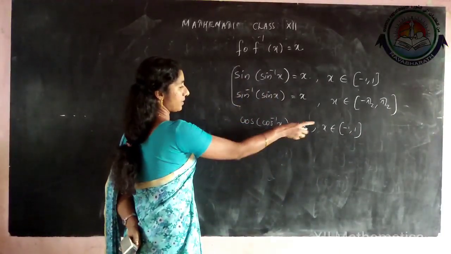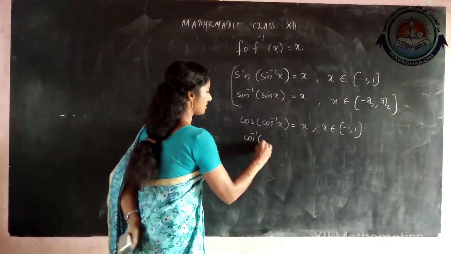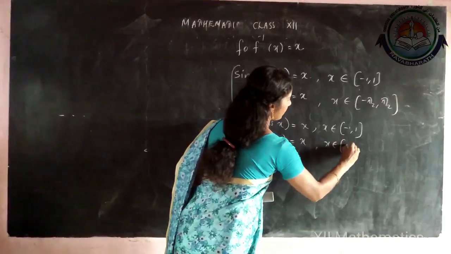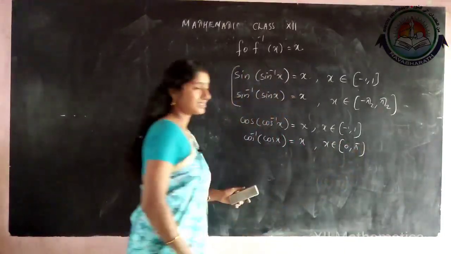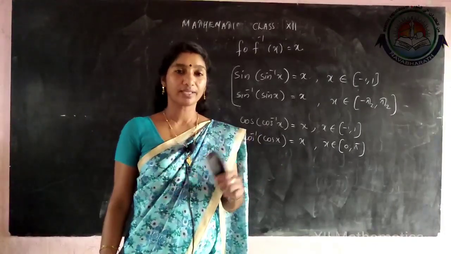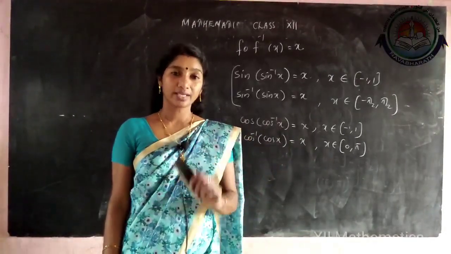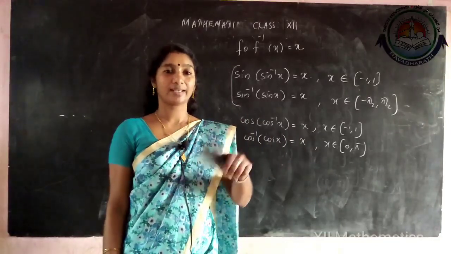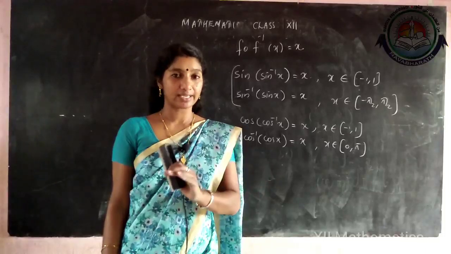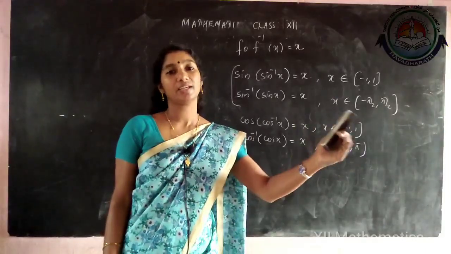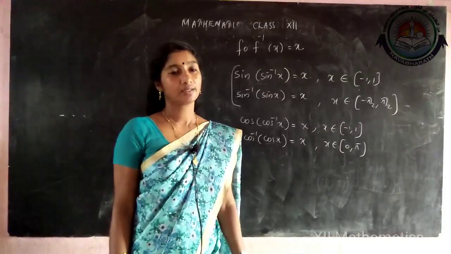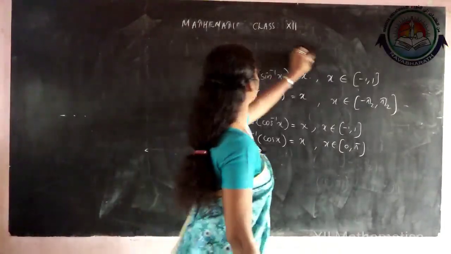Same way, cos inverse of cos x is equal to x, x belongs to 0 to pi. Like this we can write tan inverse of tan x equal to x, tan of tan inverse of x equal to x, cosec inverse of cosec x is equal to x. Like that, taking any trigonometric function composed with its inverse function, we get the identity function x itself. Clear? So this is one property.